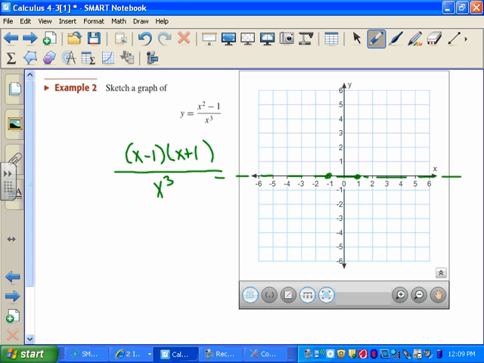And I'm going to have a vertical asymptote at x equals 0. And now I want to take my graph and I want to say, let's choose a number to the right and left of my asymptote.